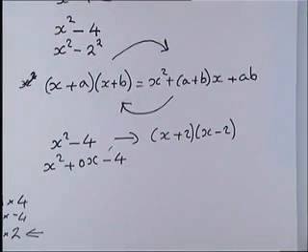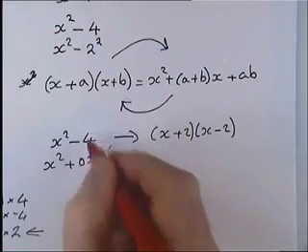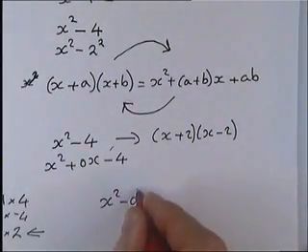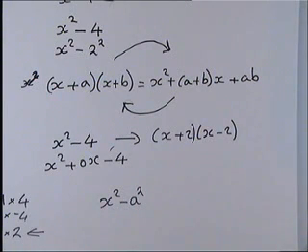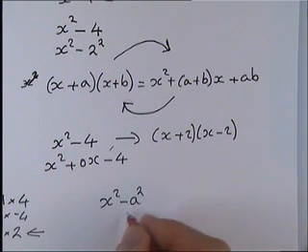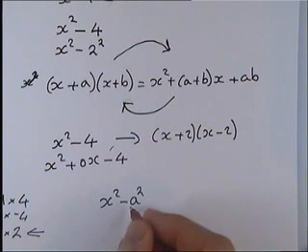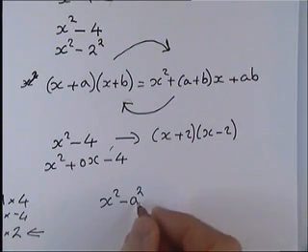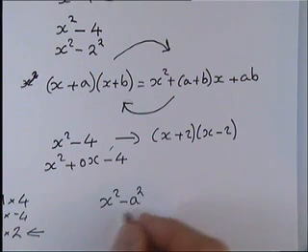And in fact, the same is true if any of those numbers are square numbers. So let's just call that x squared minus a squared. We're looking for two numbers that multiply to give minus a squared, and add together to give 0.